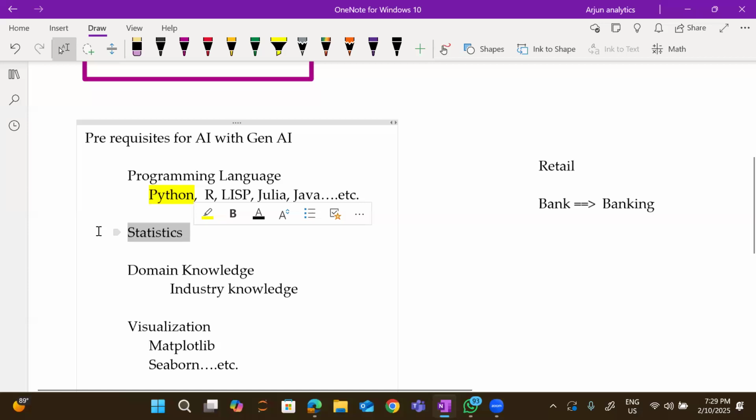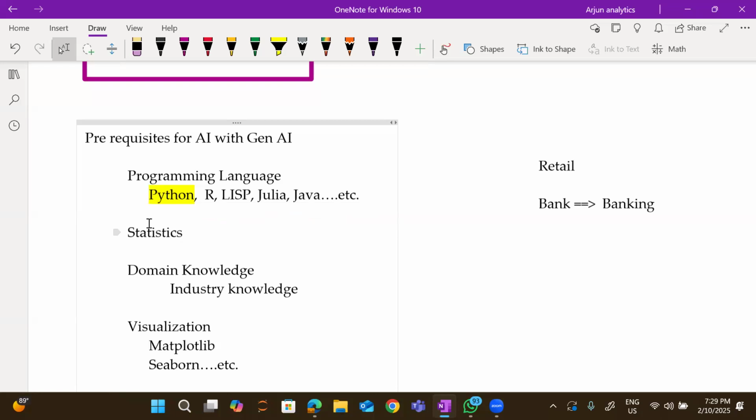Now, programming language, as I told you, I will give you the basic understanding of what is required for us to move forward. Very much basic understanding.